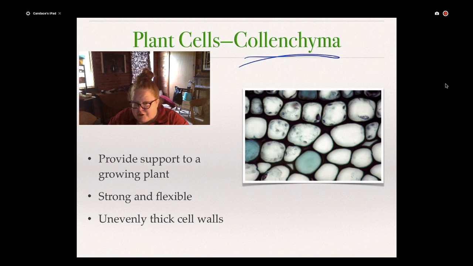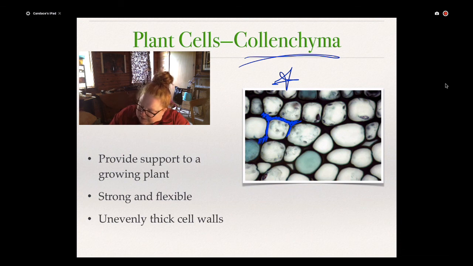So looking under a microscope, which is what you see here, the way you can tell these is they have thick cell walls, and the cell walls are kind of uneven. We've got really thick sections like right here, and then some thinner sections, but still thicker than what we saw with the parenchyma cells.